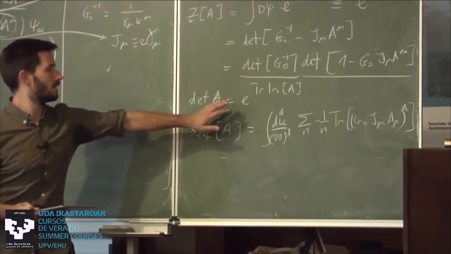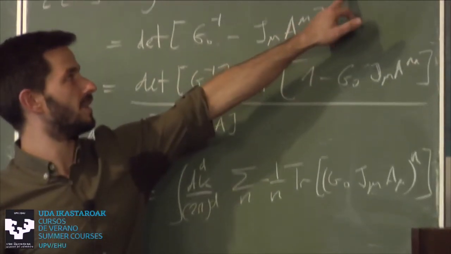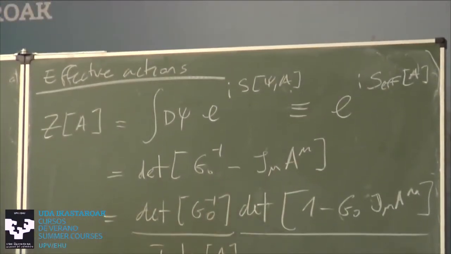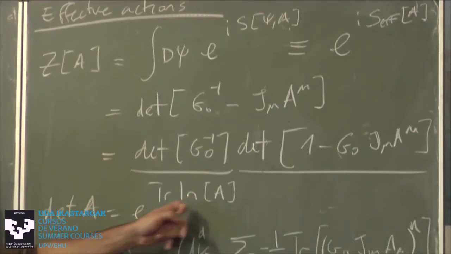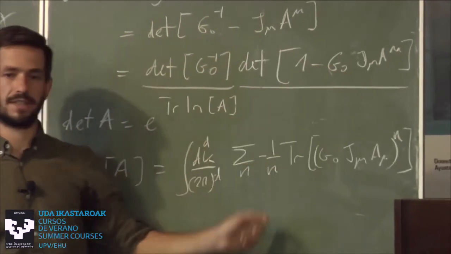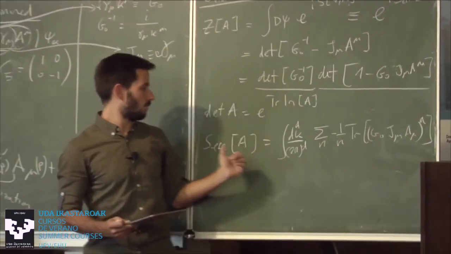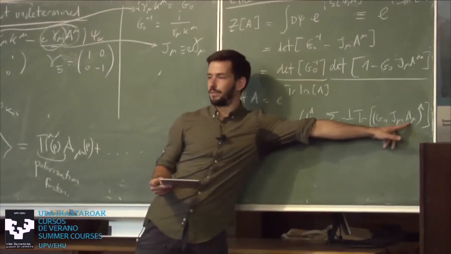So I equated this to this, identified that this is the effective action, and A is 1 minus something small. I expand that something small, and this is the series expansion. So I wrote the effective action as an expansion over A, which is what I wanted.